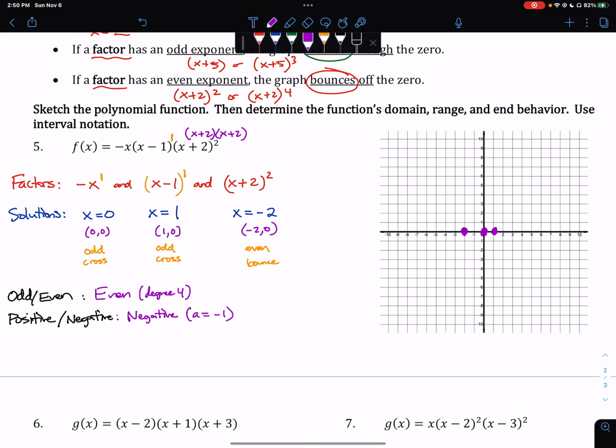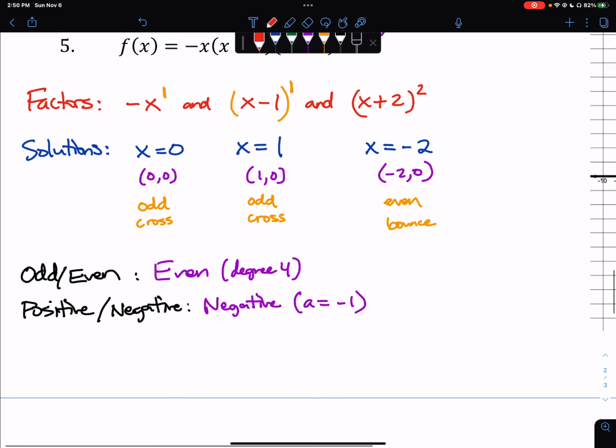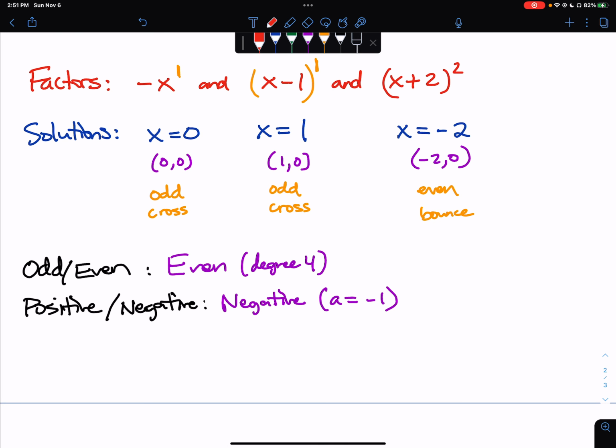So if we think back to the odd, even, positive, negative nature, the ends of my graph, since a is negative, will go down on the right, and since it's even, the left one will be the same. So I know my ends should kind of do that. And again, it could do whatever in the middle, but the ends have to be able to do that.